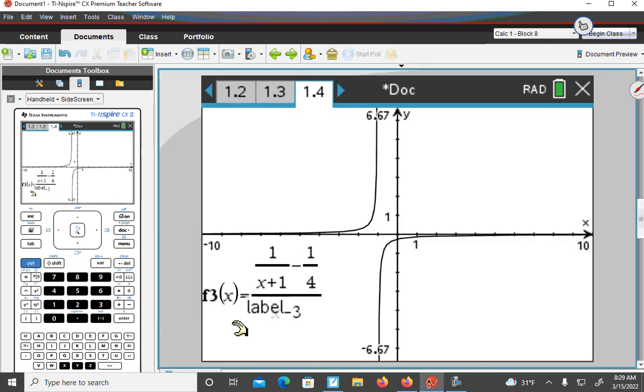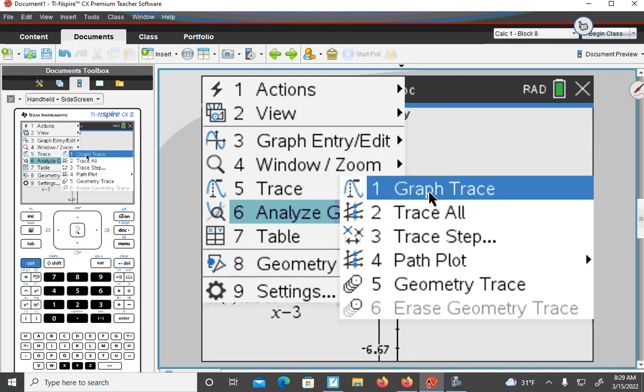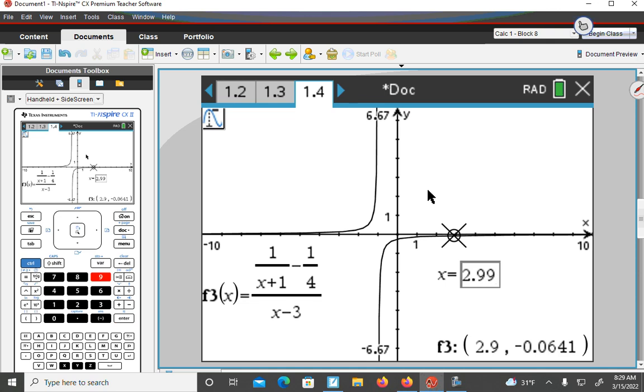So I am going to do menu, trace, graph trace, 2.9, and I get that, 2.99. And then I want 1.